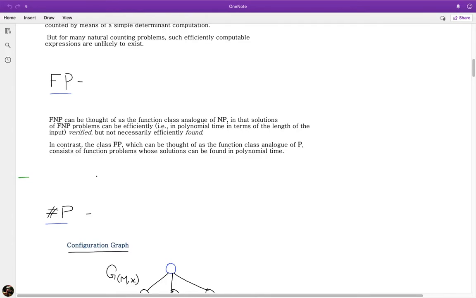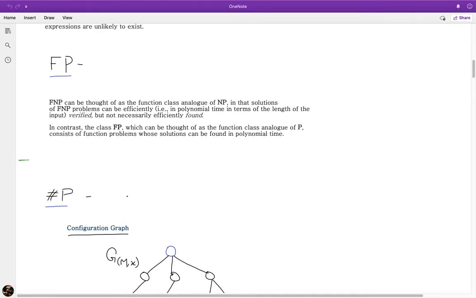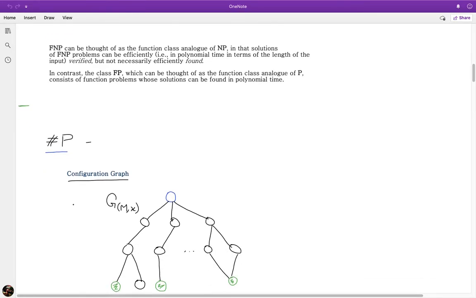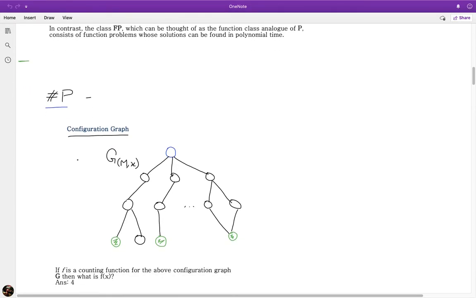Now let us start with defining the first complexity class for a counting problem. Let us start with the complexity class #P. #P is a complexity class which is concerned with problems which involve counting.